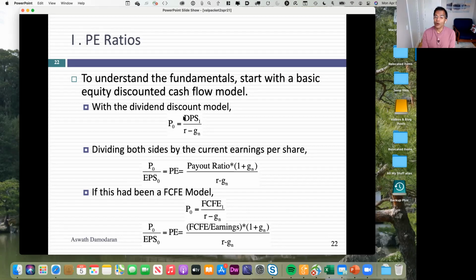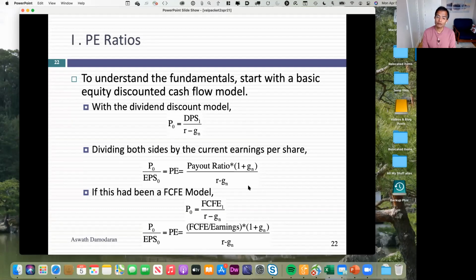Well, if I have an equation, I can divide both sides of that equation by a constant and it still stays an equation. So if I divide both sides by earnings per share, here's what I end up with. Price divided by earnings per share makes it PE. Dividends divided by earnings per share gives me the payout ratio. The price earnings ratio for a mature dividend paying firm is a function of the payout ratio, cost of equity, and growth rate.